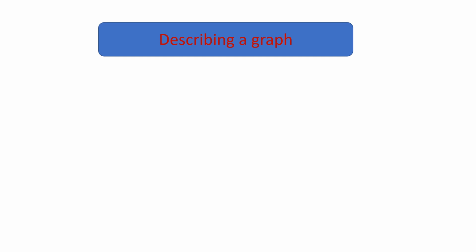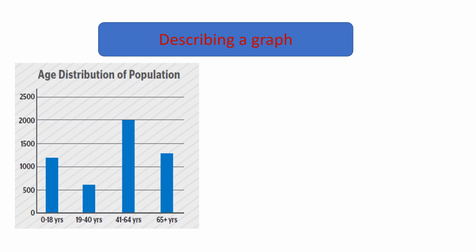My dear students, now we are going to have an example that has been done for you. In describing a graph, we have to have a quick look at the graph. In a quick look, we can recognize that there are 3 main parts in a graph.